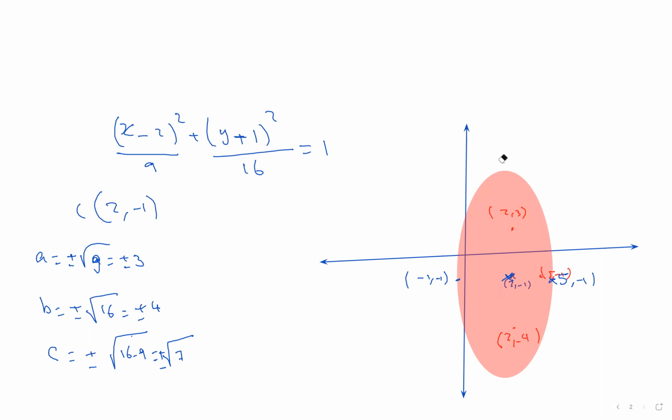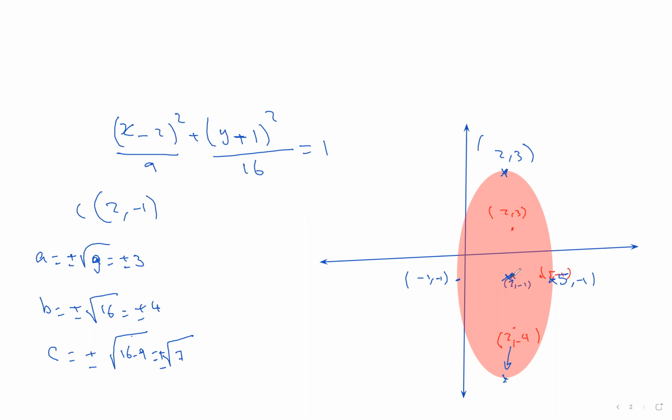This point will be 4, so −1 plus 4 is 3, so (2, 3), and this point will be (2, −5). It's okay.